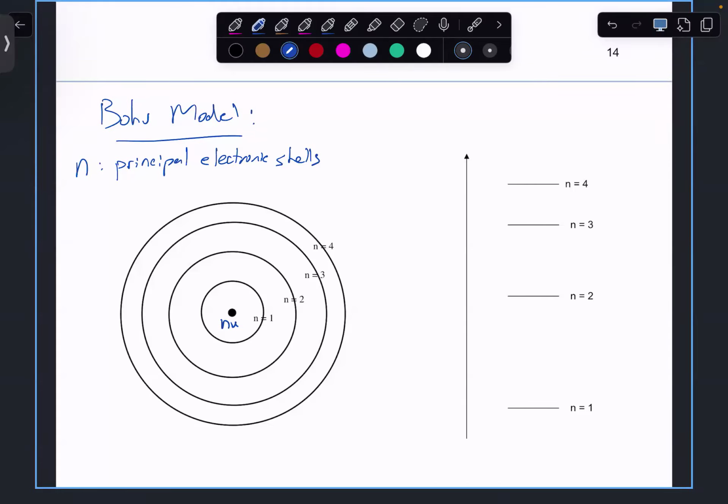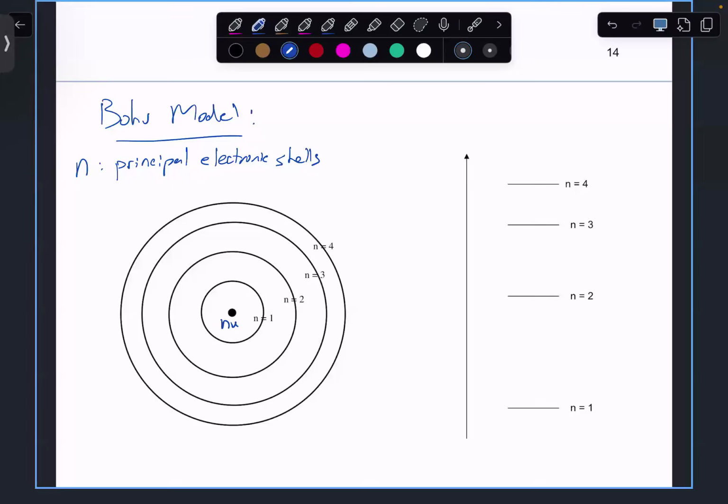And according to the Bohr model, the atom was a lot like a solar system, where instead of a sun in the center, you have your nucleus, and then surrounding the nucleus in these principal electronic shells, you had your electrons. And the electrons could jump between the different principal electronic shells with sufficient energy.